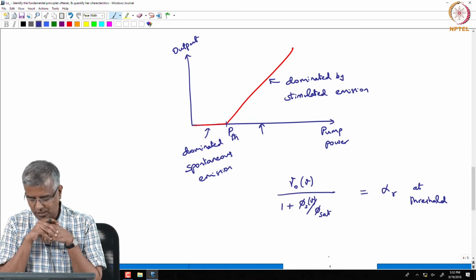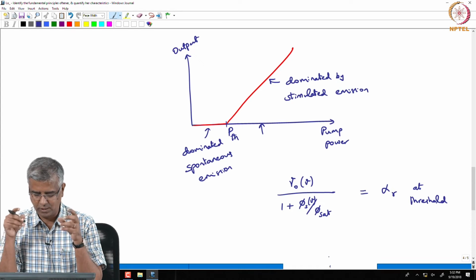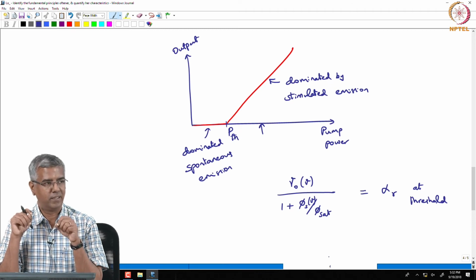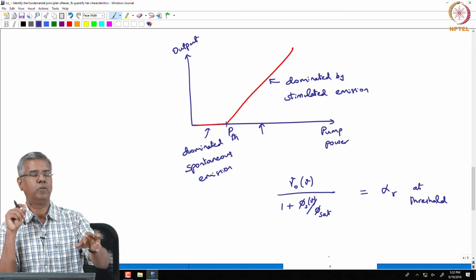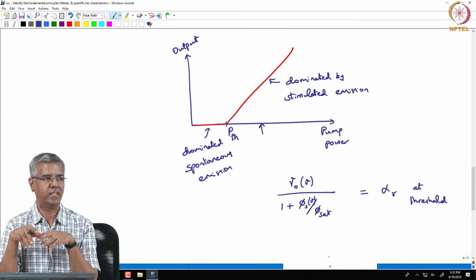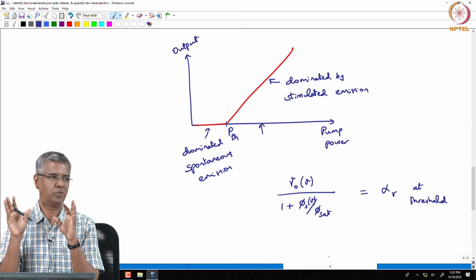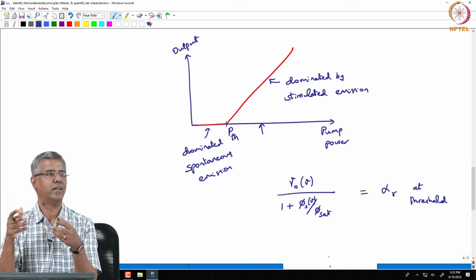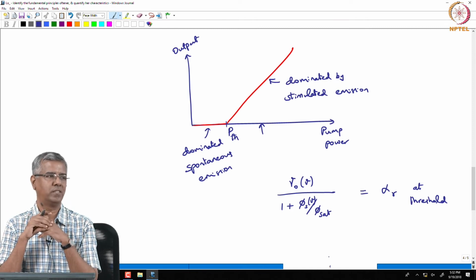The question is what happens to the signal photons that we are giving into the system. For an amplifier, you have some weak signal photons coming in, you are getting amplification, right. Laser, you are not giving any signal photons to start with, it is actually self seeding through the spontaneous emission of the system.